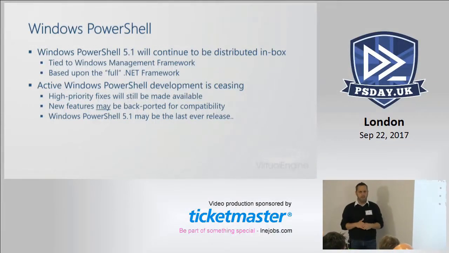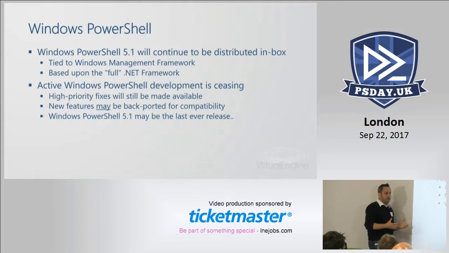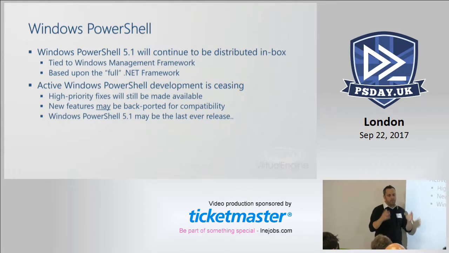The full version is not going away, but I think this is probably the most important point you need to think about. You don't have to do anything in the short term, but Microsoft have actually said that all development is going into PowerShell Core, cross-platform. Development of Windows PowerShell, i.e. that's tied to the full .NET Framework, is ceasing pretty much.